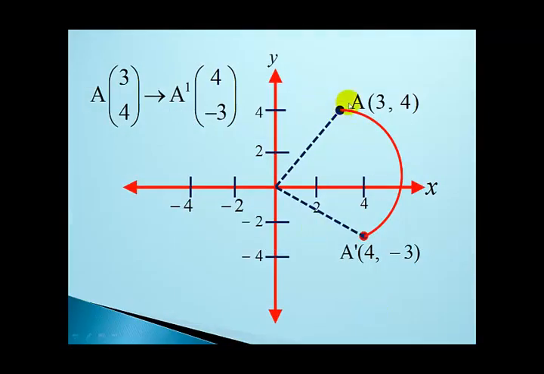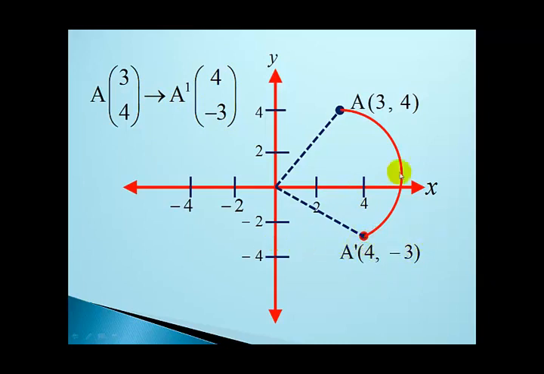Now we have A, that is (3, 4), to be the point. And after rotating through clockwise of 90, we have A prime to be (4, minus 3). Now 4 is the x coordinate and minus 3 is the y coordinate. So A prime is (4, minus 3).